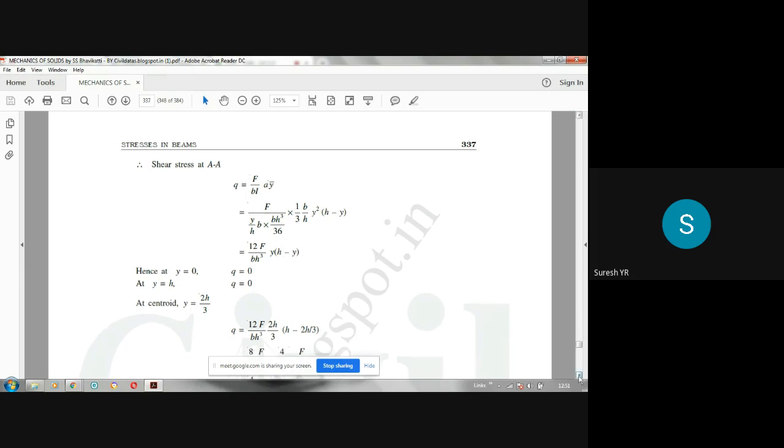So 12f by bh cube is a constant, h minus 2y is the differentiation, equal to 0. The constant cannot be 0, therefore the condition is h minus 2y equal to 0, or y equal to h by 2. That means when y is equal to h by 2, you have the maximum shear stress value.